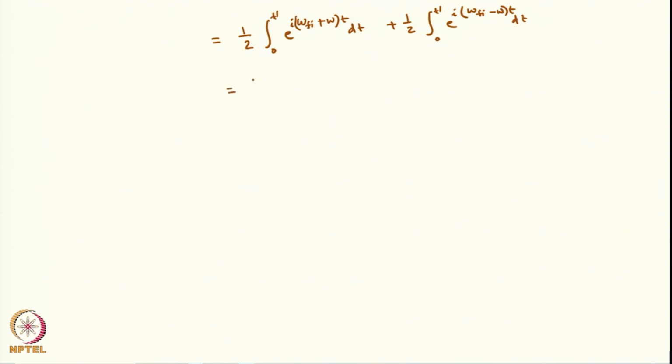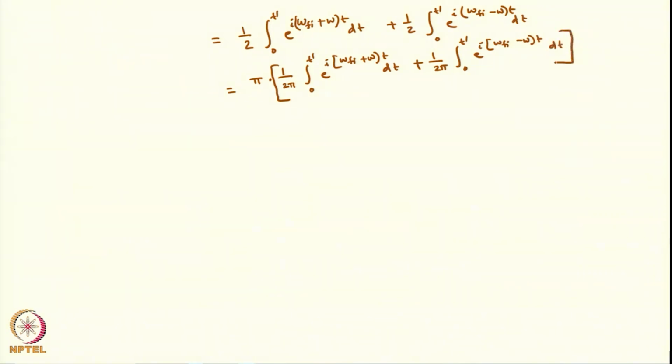So this is equal to pi into 1 over 2 pi integral 0 to t prime e to the power of i omega fi plus omega t dt, plus 1 over 2 pi integral 0 to t prime e to the power of i omega fi minus omega t dt.